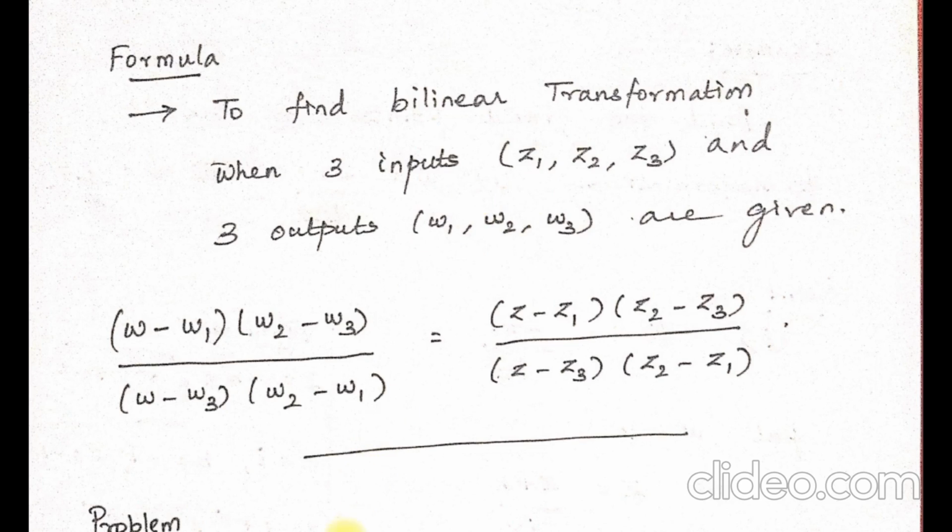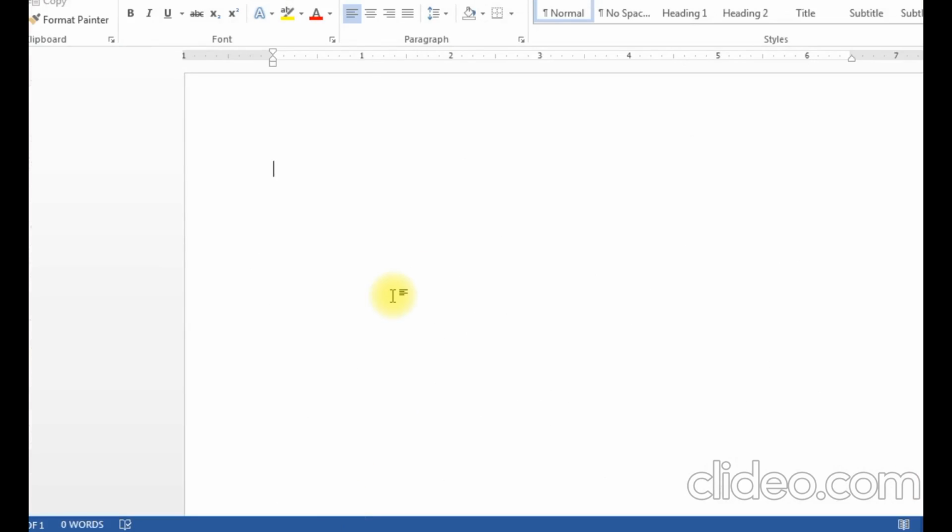Here, if we know the transformation, say w equal to 2z, it is easier to find the output whenever the input is given. Here the input is z and the output is w. When you give z equal to 1, w will be equal to 2.